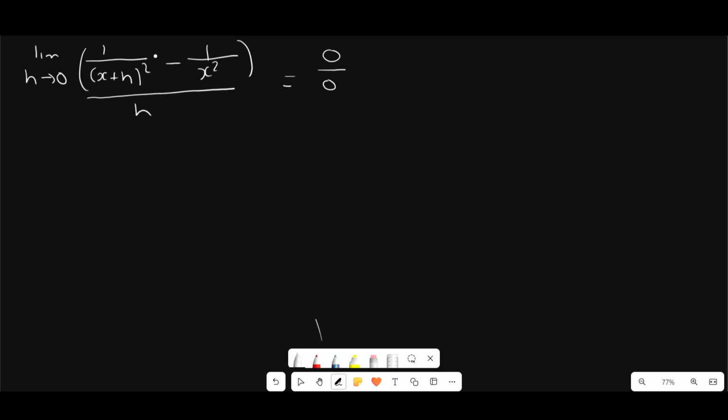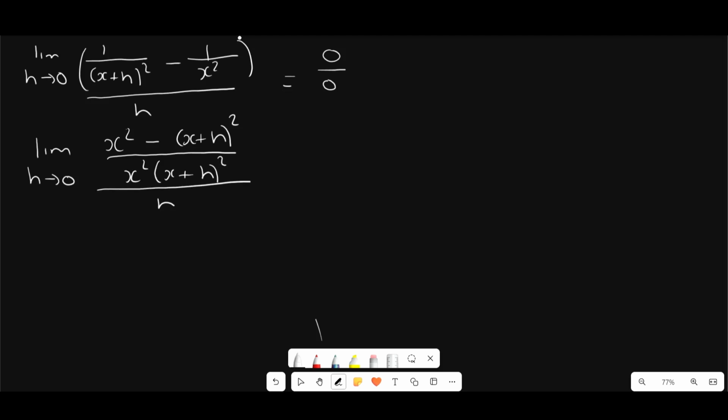So we simplify the top part first. We'll have the limit as h approaches 0 of x squared minus (x plus h) squared, all divided by x squared times (x plus h) squared, all divided by h. So I basically added the top part first.